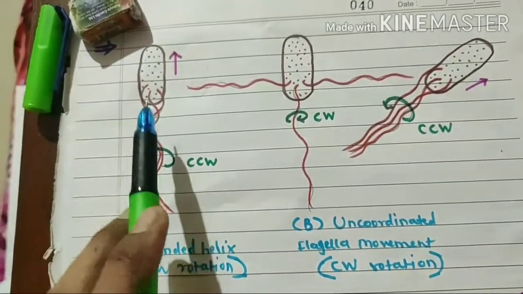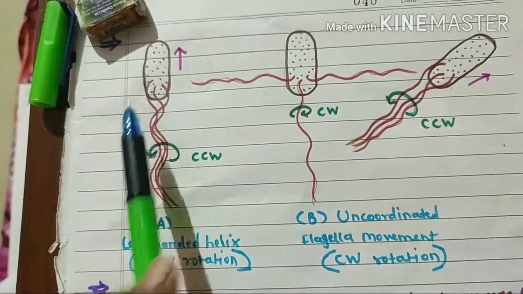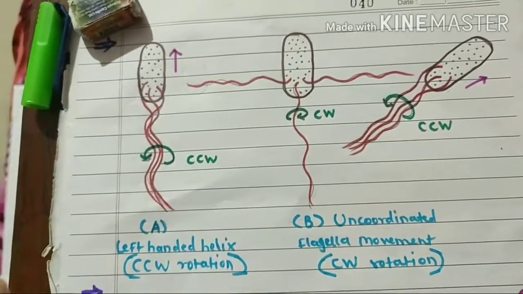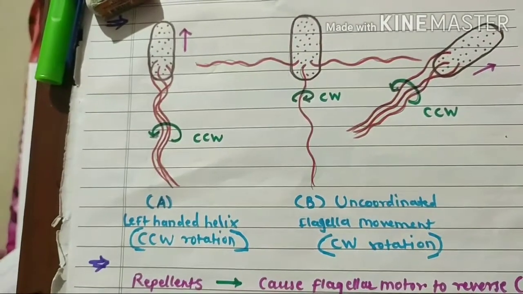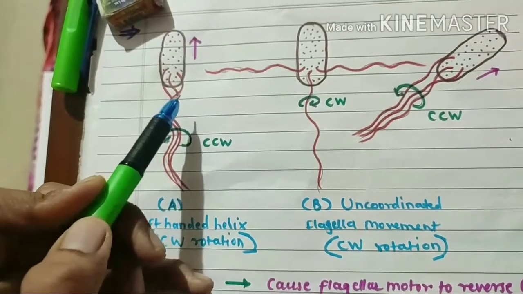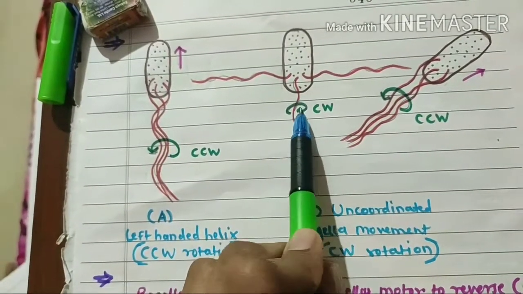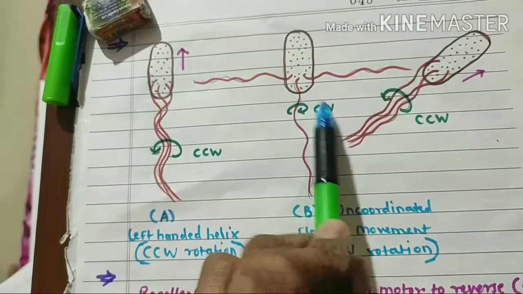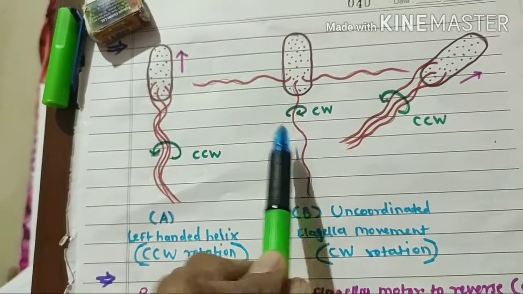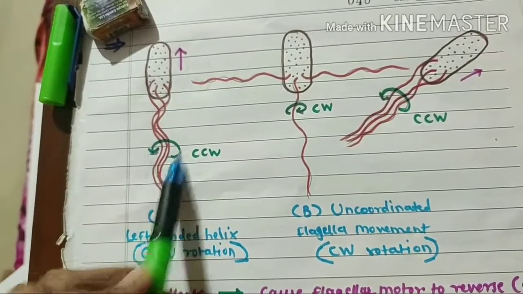So for the formation of this helical bundle, each flagellum has to rotate in a counterclockwise manner. If even one flagellum rotates in a clockwise manner, suppose this flagellum is rotating in a clockwise manner, what happens? This bundle is no longer in a bundle form.